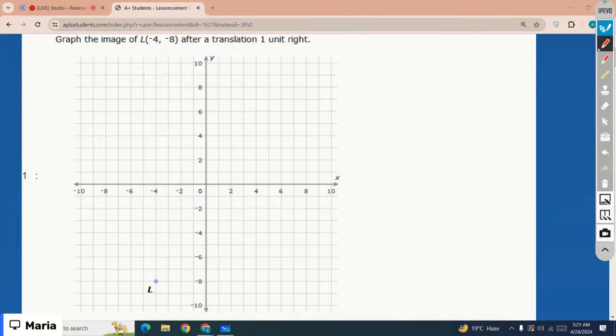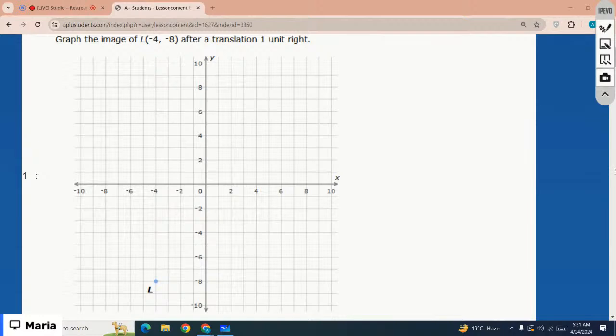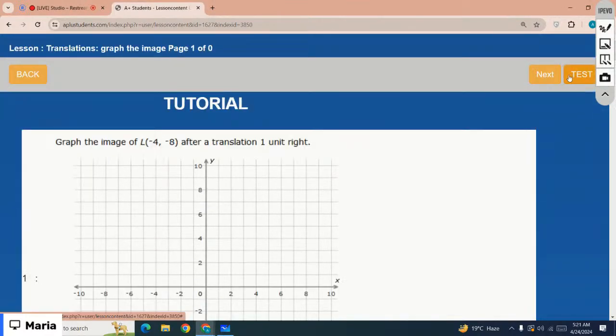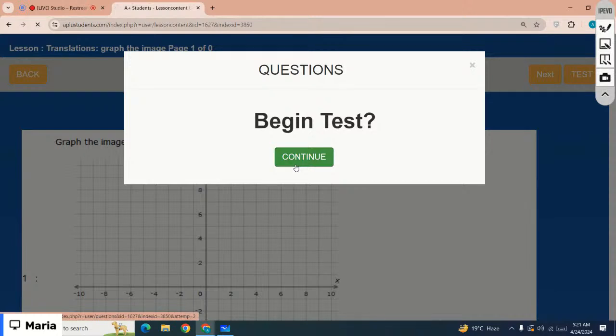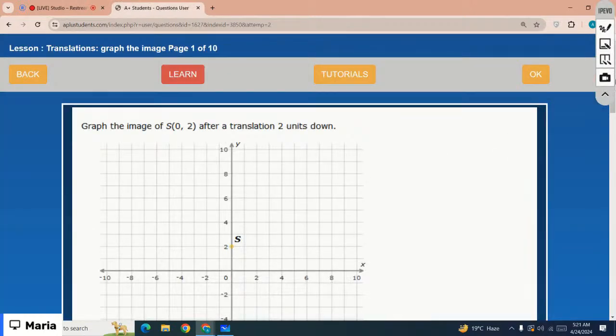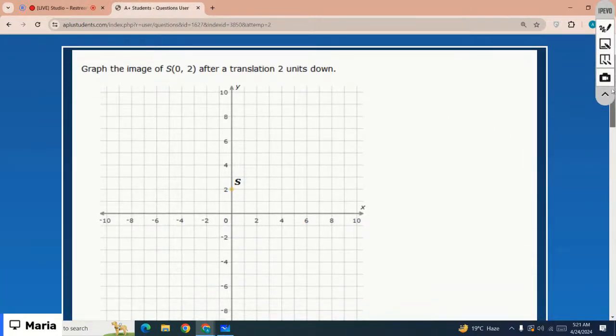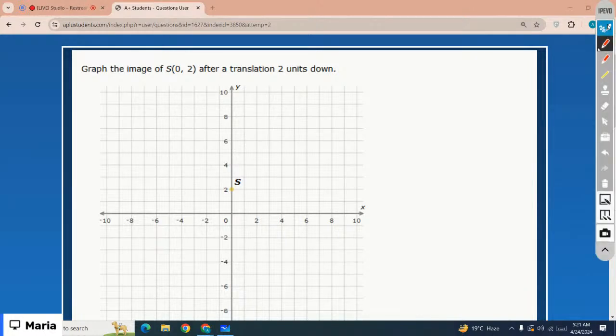You just have to understand these translations, how you move. Okay, graph the image 0, 2 after a translation 2 units down. Down and up movements are always on the y axis.